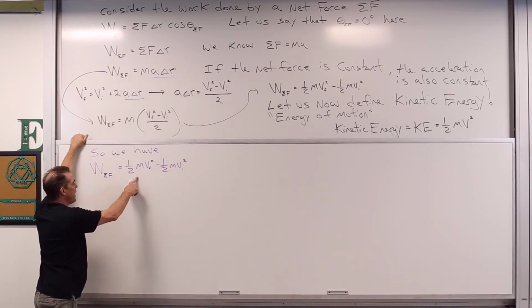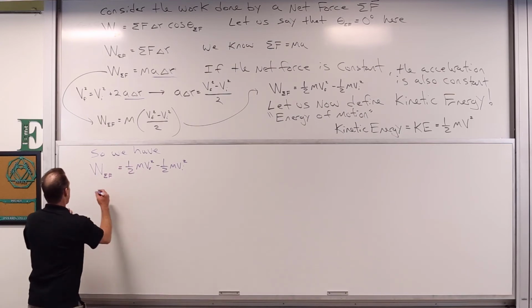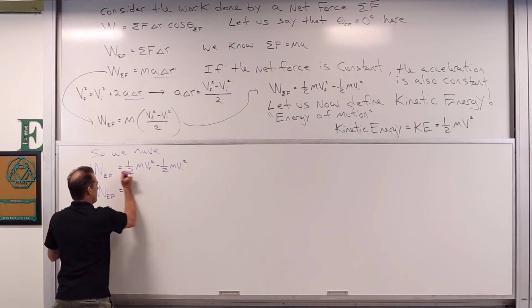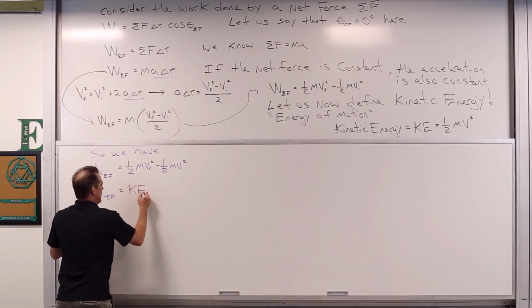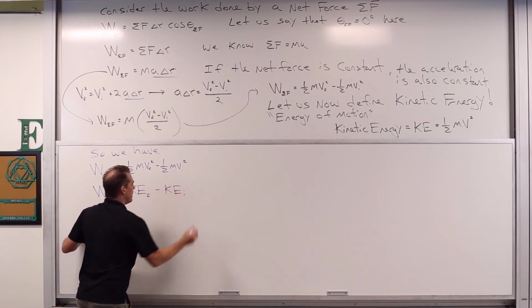Well, we can call this the final kinetic energy and this the initial kinetic energy. So we can write this as the work done by the net force is KE final minus KE initial.